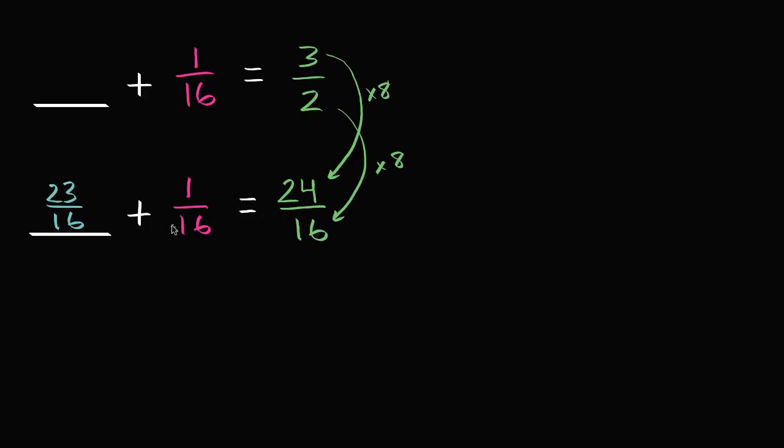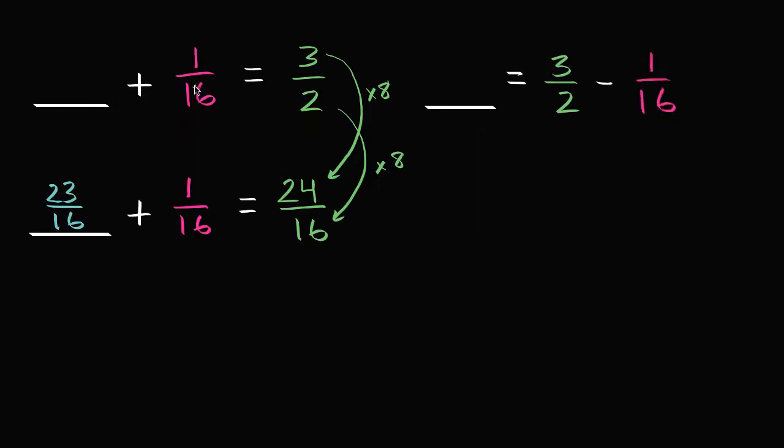Another way that you could have thought about it, even from the first step, is you could say, look, if blank plus 1/16 is equal to 3 halves, then blank is going to be equal to 3 halves minus 1/16. This is another way that you could have tackled it.